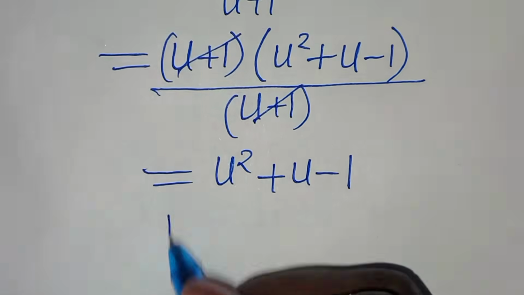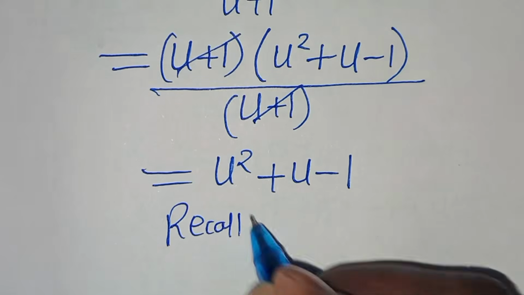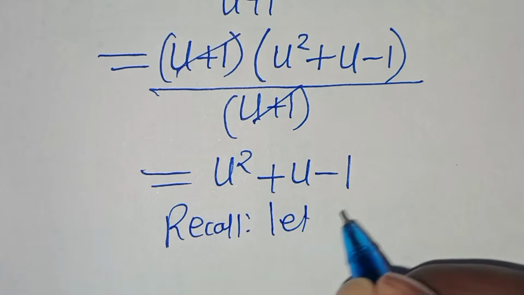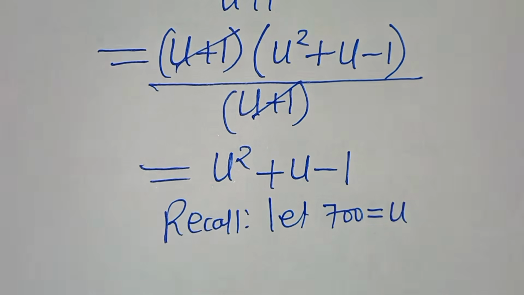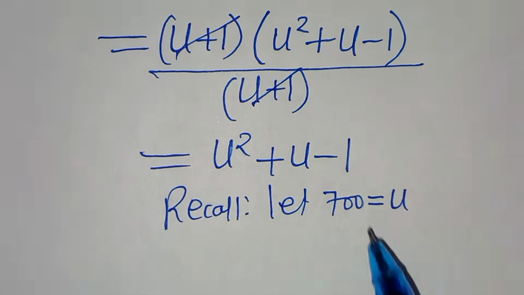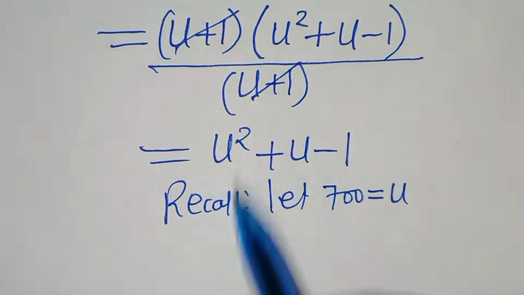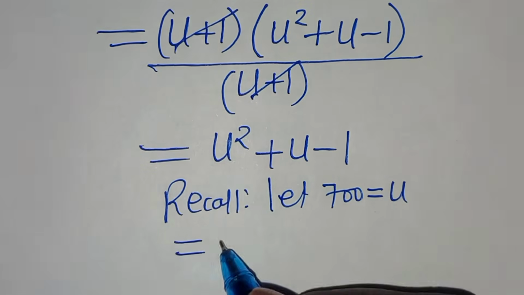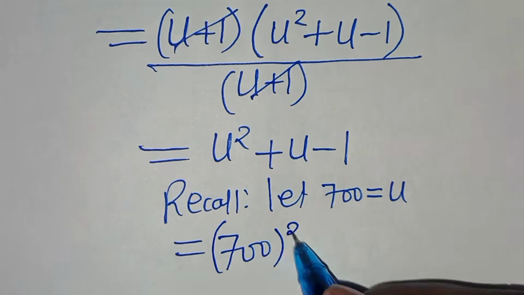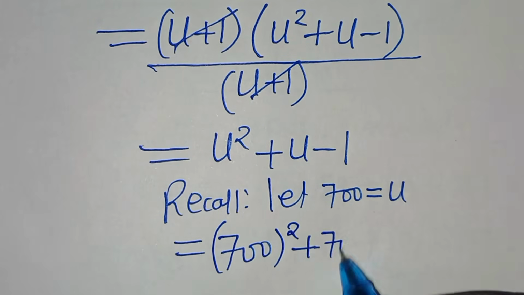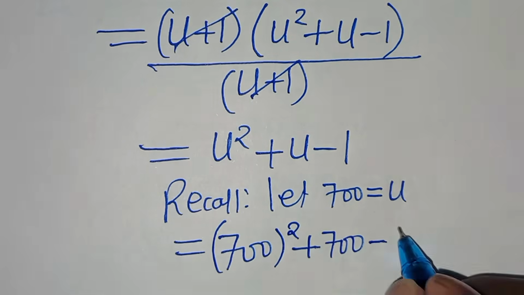Now, if you recall, we let 700 be equal to u. So let's substitute 700 where we have u, so that now this is 700 raised to the power of 2 plus 700, then minus 1.